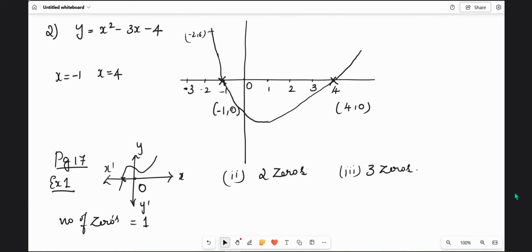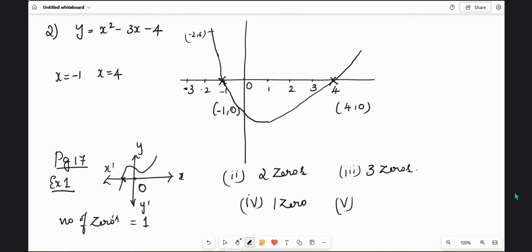What about the fourth one? 1 zero. So we count only where it touches the x-axis. When it touches the x-axis, that means at that point y is equal to 0. Correct? That point is the 0 of that polynomial.